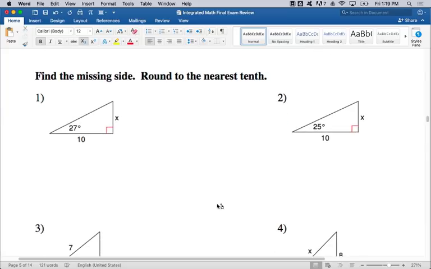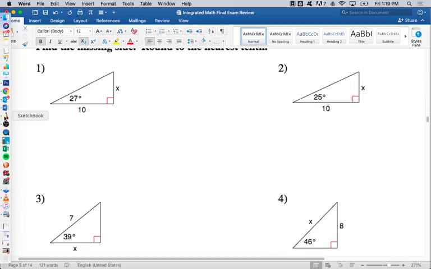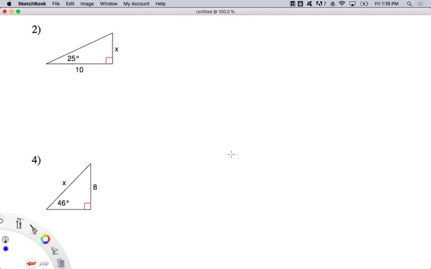Next. The next kinds that are simple, we start getting a little bit more in depth. Now, I ask you to solve for this side. I may give you x, or I might say it's like side AB or something like that. Either way, you've got to solve for a side. First, you identify your angle. Then you identify the sides you're given. That's opposite, that's adjacent. Which trig ratio uses opposite and adjacent?